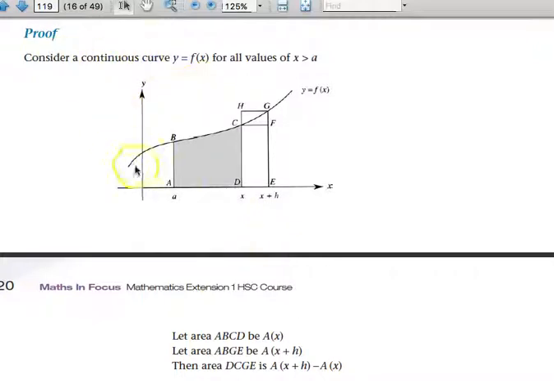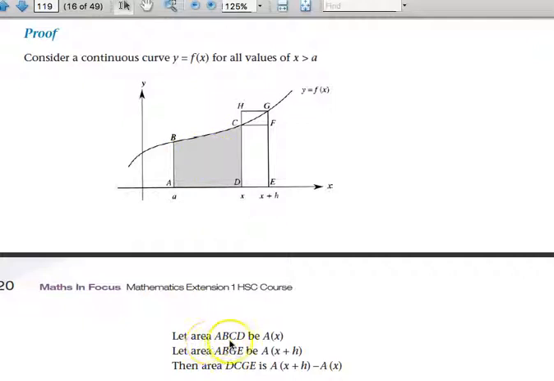So if we've got a continuous curve here, if we're looking at the area under the curve, so let's say we've got a continuous curve here, y equals f(x), for all values of x greater than a. If we've got area ABCD, see how that's the area under this curve here? It's shaded.